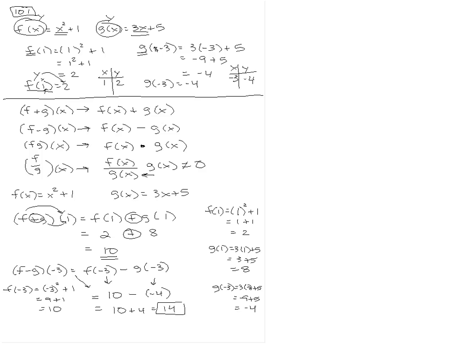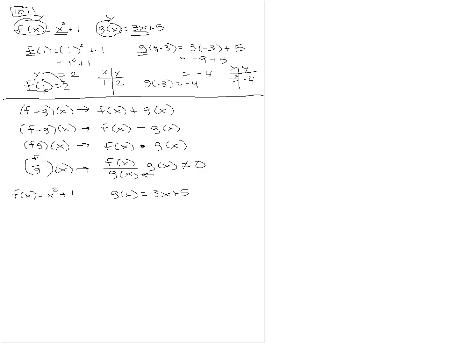Okay? All right. What about if we want to multiply? Let's try it out. Same functions. F of x is x squared plus 1. G of x is 3x plus 5. All right, what if I said I wanted f times g of 5? That means f of 5 times g of 5.